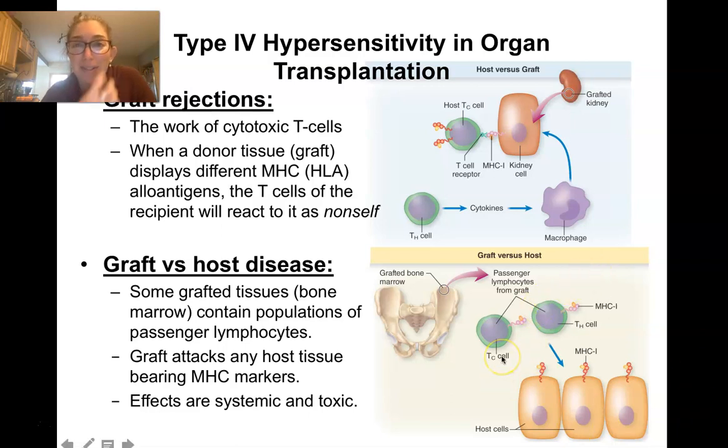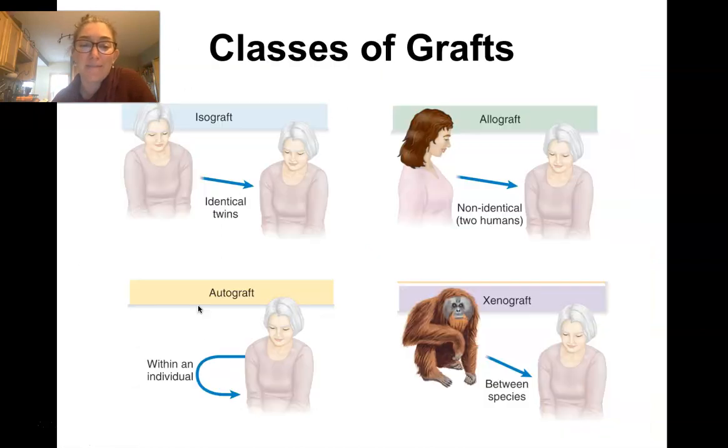So graft versus host disease can be pretty serious because it's not just attacking one organ or tissue, it can attack many because it recognizes all cells as foreign when really they are the foreign cells, but their job is to attack things that are not like themselves. So that's the difference between host versus graft and graft versus host disease.